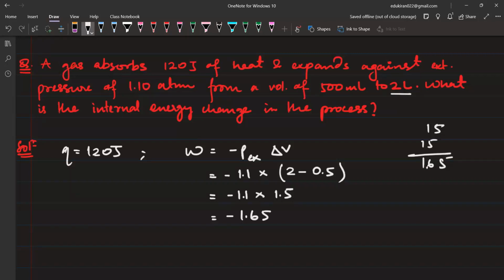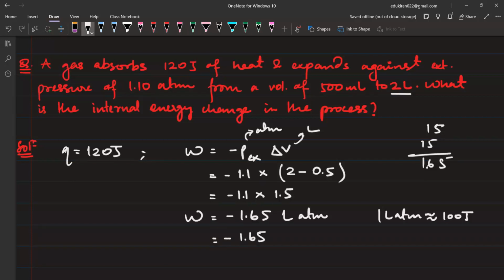Now if you look at the units here, the pressure is given in atm, volume is given in liter. तो आपको मिल रहा है work in liter atm. यहाँ पे एक चीज आप लोग ध्यान रखिएगा, one conversion that you should remember is 1 liter atm is approximately equal to 100 joules. ठीक है, तो you can say this is equal to minus 1.65 liter atm, की जगह क्या लिख सकते हैं, 100 joules. So this will be equal to 165 joules with a minus sign, that is work done.